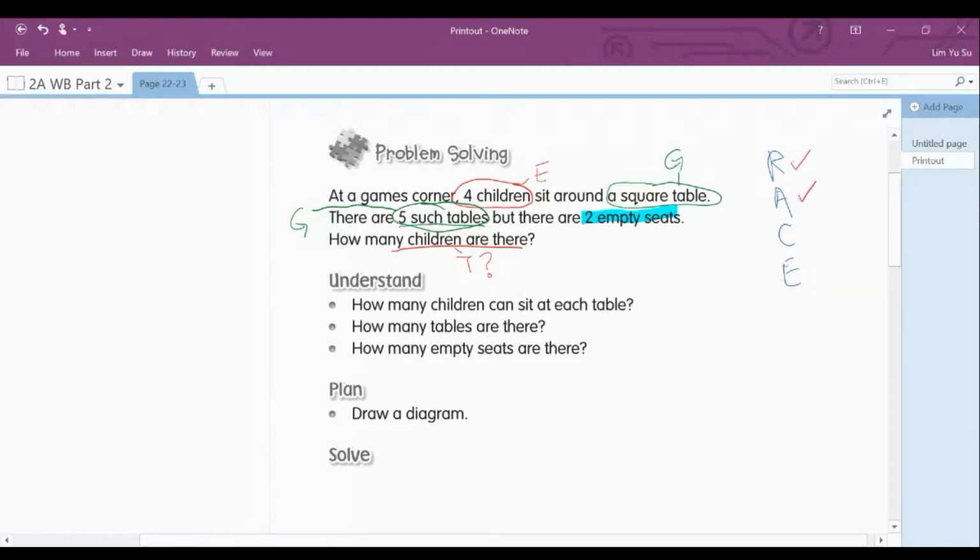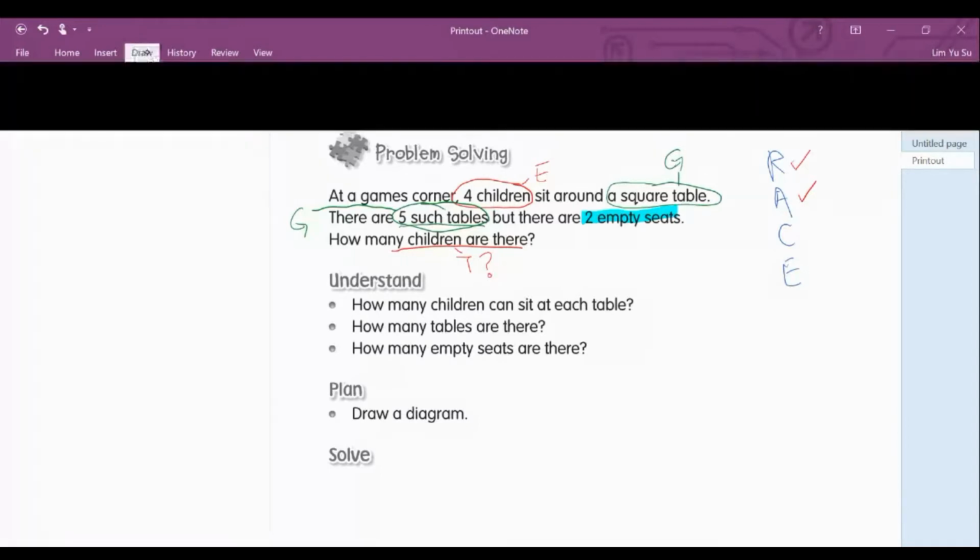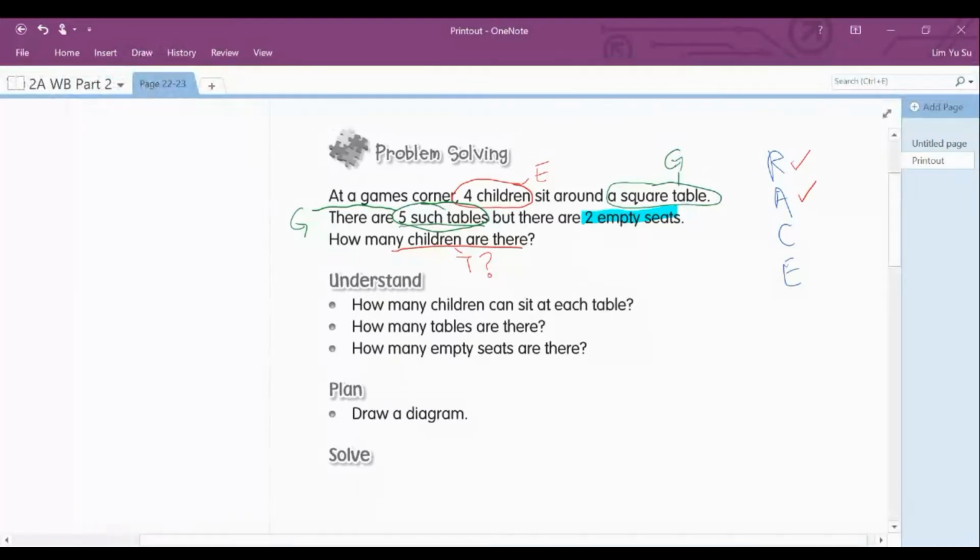Before we go about choosing the method, the page here requires us to answer a few questions. I think these questions will help us to understand what the question is exactly asking about. Let's try to answer them. How many children can sit at each table? This points us to each, so there will be 4 children.